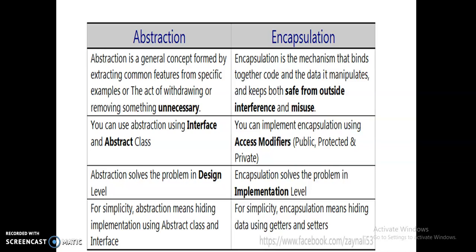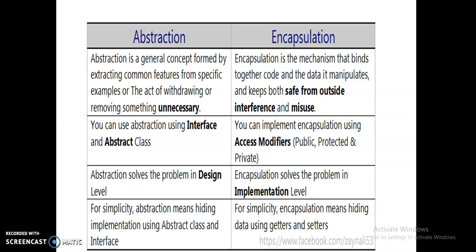There is a difference between abstraction and encapsulation, because you have the concept of encapsulation and also abstraction in OOPS. Encapsulation is binding the data and objects together, and it is called the class. Abstraction is avoiding unnecessary things in your coding.